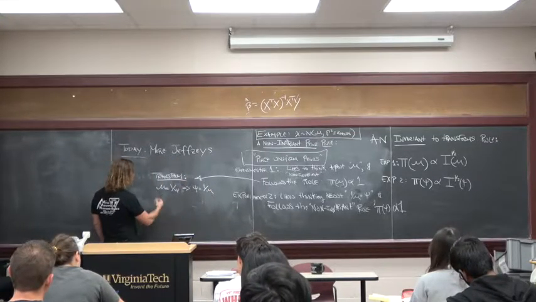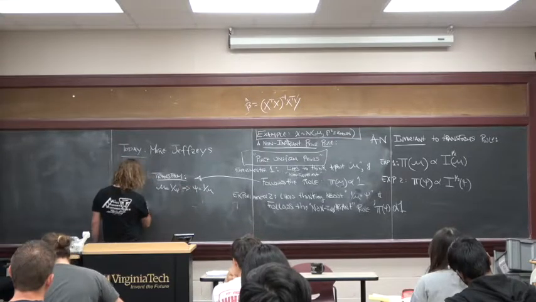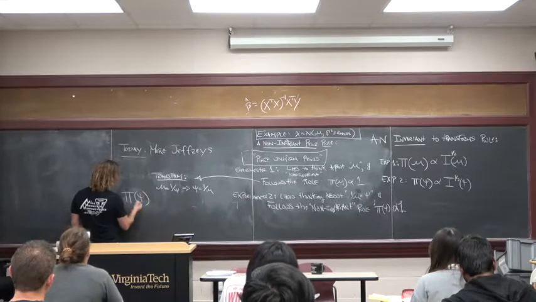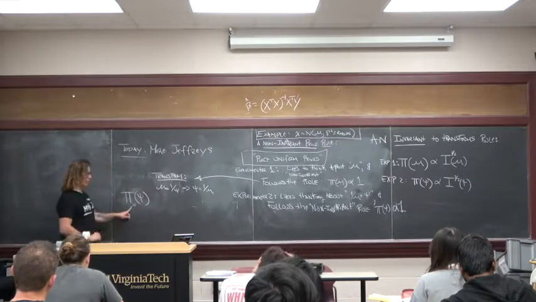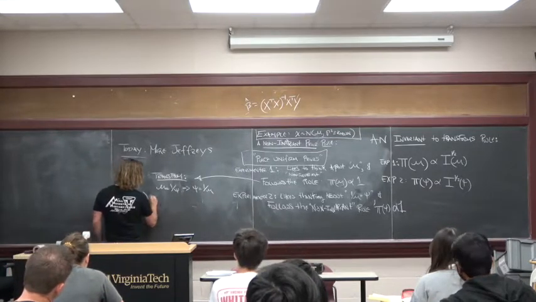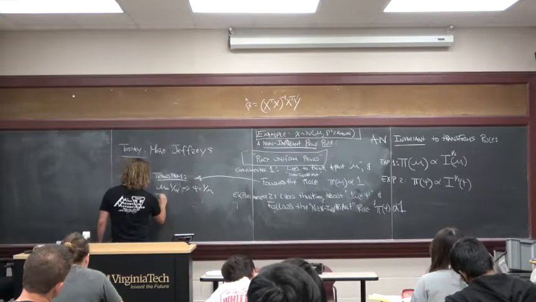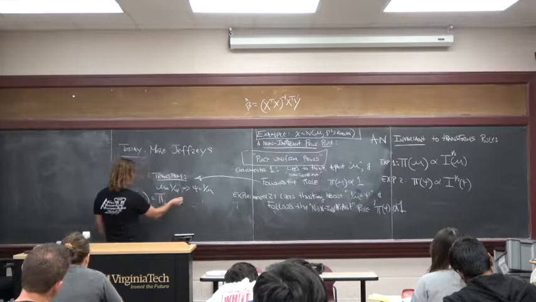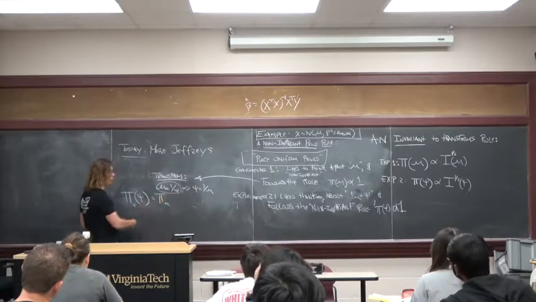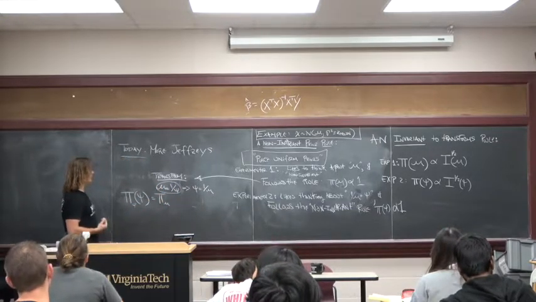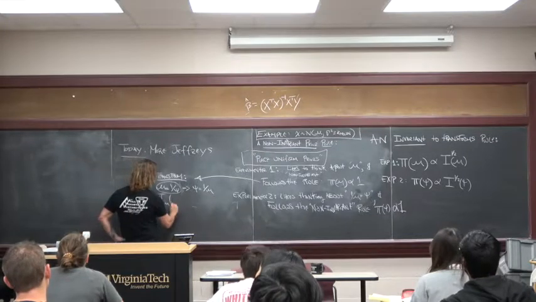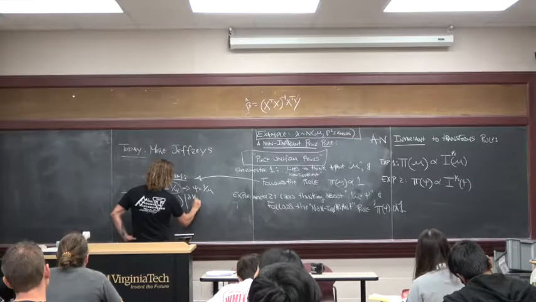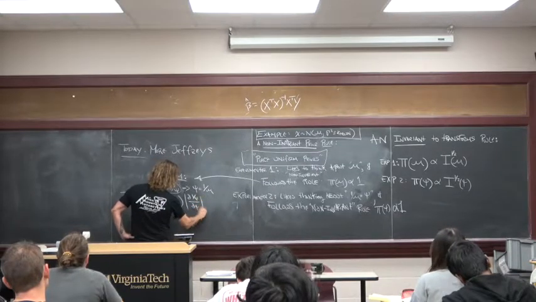I'll be real specific about the notation: pi of psi is going to be equal to pi of mu when I plug in psi. So every time I see a mu, I plug in a 1 over psi, and then I take the derivative of this inverse function.